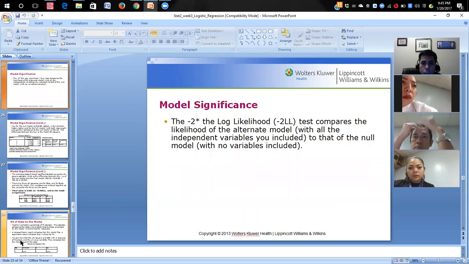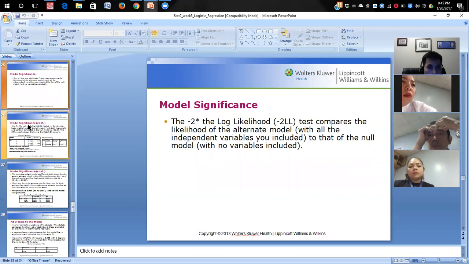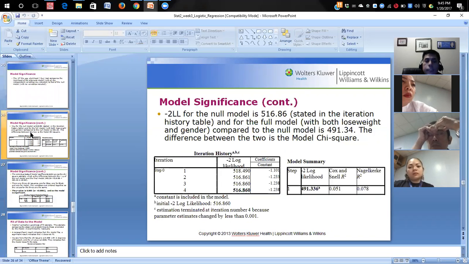The alternative model is always with all of the independent variables that you included, compared to the null model, where there are no variables included. And right here, this is the -2 LL, or -2 of the logarithm likelihood.